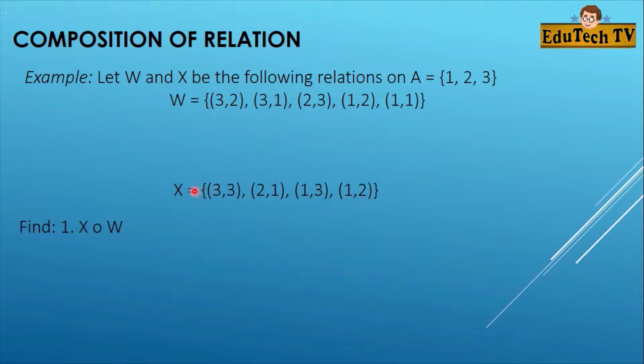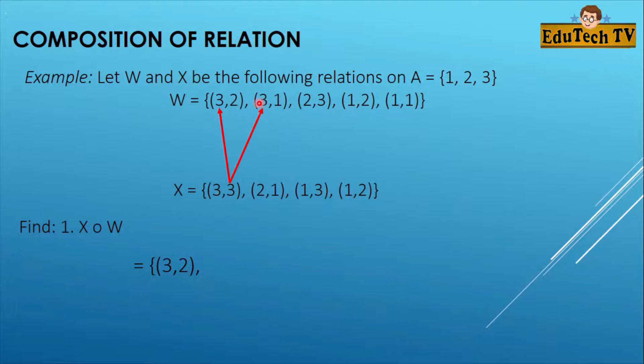So first, I'm going to look at X first because it's written first here. So 3, 3, then we'll have also 3, 2 here. So we're going to get the first element of X and then get the second element of W. So the first ordered pair in this composition is 3 and then 2. Next, we have also 3 here.